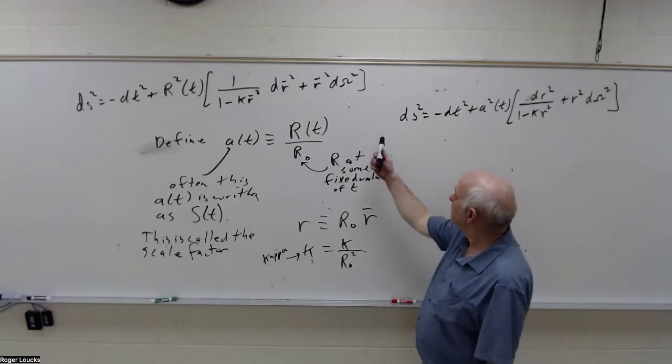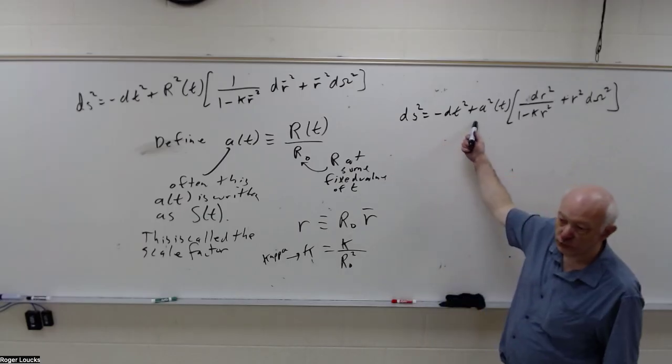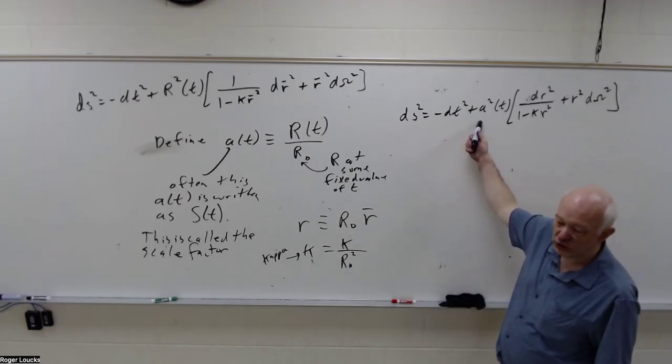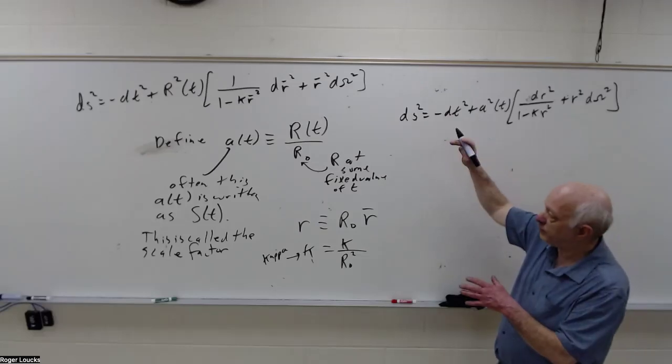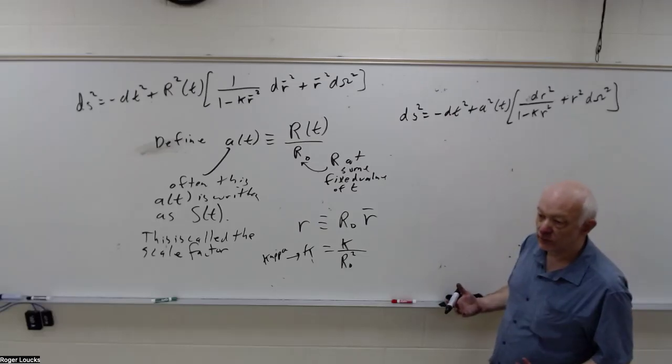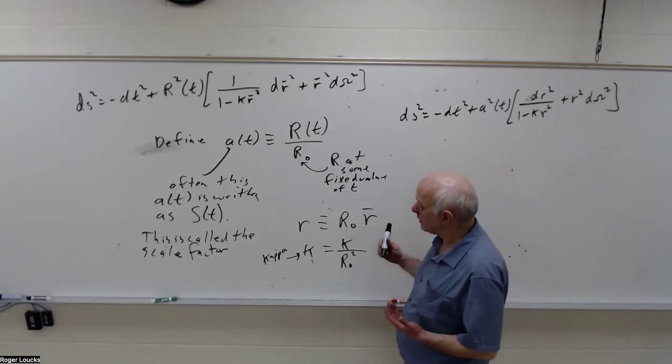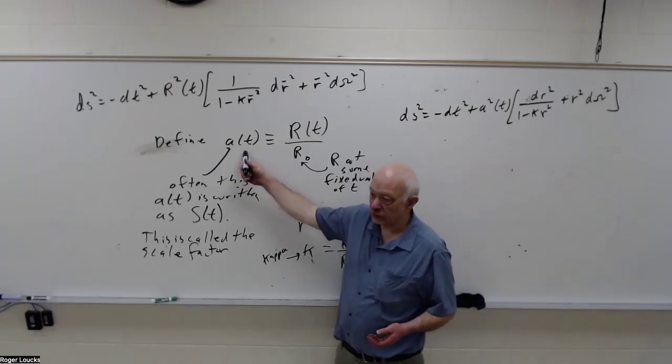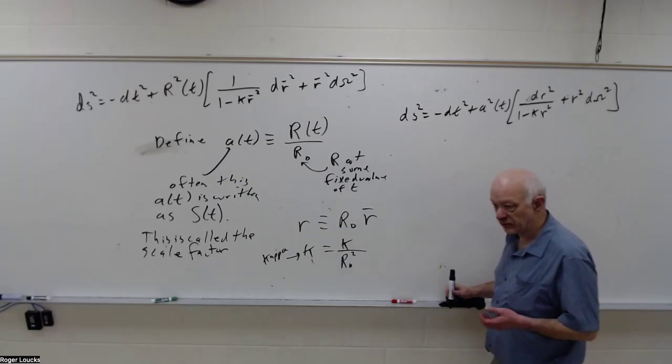So this is the way this equation is almost always written. And all it was, it's just changing variables. We haven't done any new physics here. The only really new thing is we introduce the scale factor. Okay, does that all make sense?